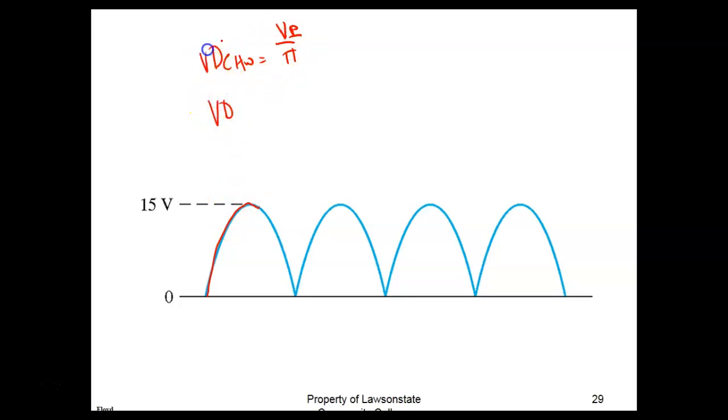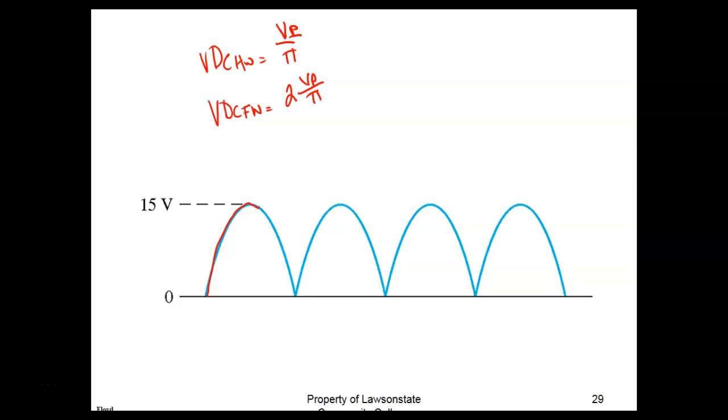Volts DC, I should have put volts DC. Full wave is going to be equal to 2 times V peak over pi, or 2 V peak over pi, or V peak over pi times 2, whichever way you enter it in your calculator, you'll get the same answer.